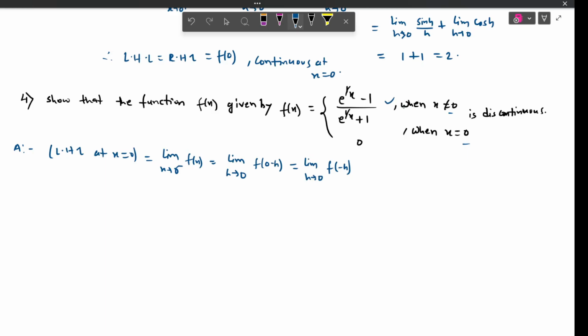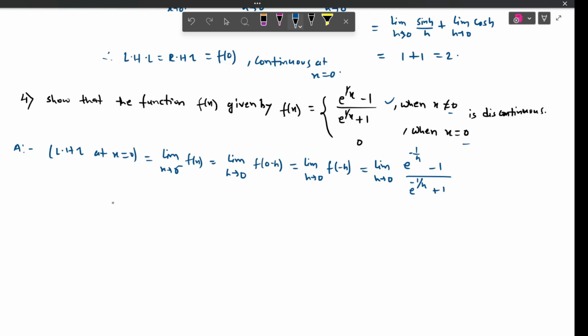So you have to take this function, so it would be limit h tends to 0 (e to the power minus 1 by h minus 1) by (e to the power minus 1 by h plus 1), right?